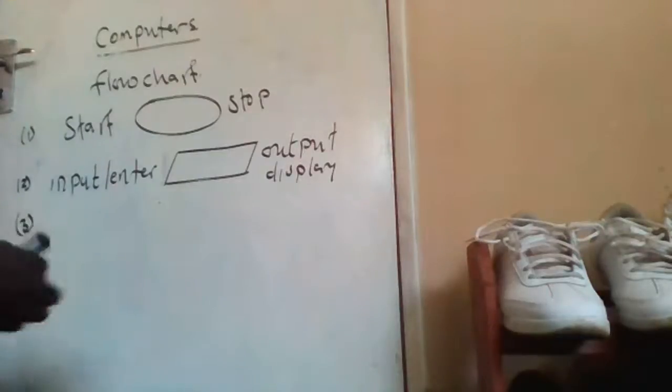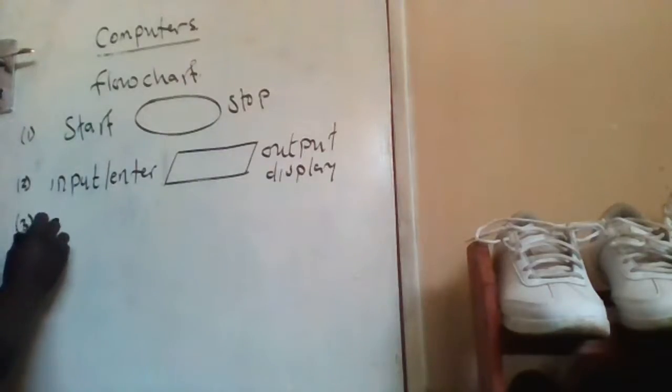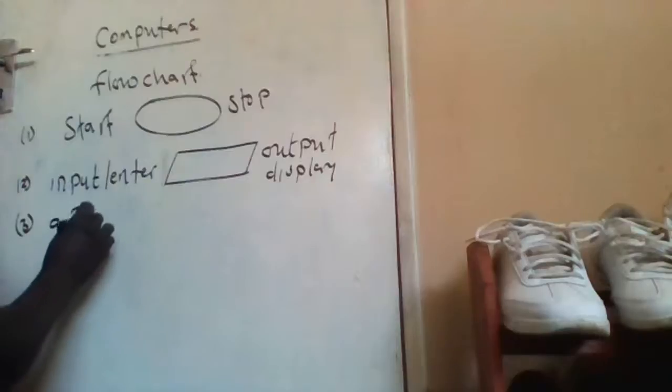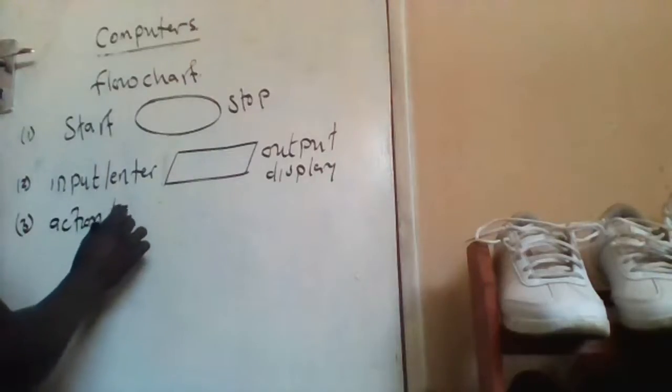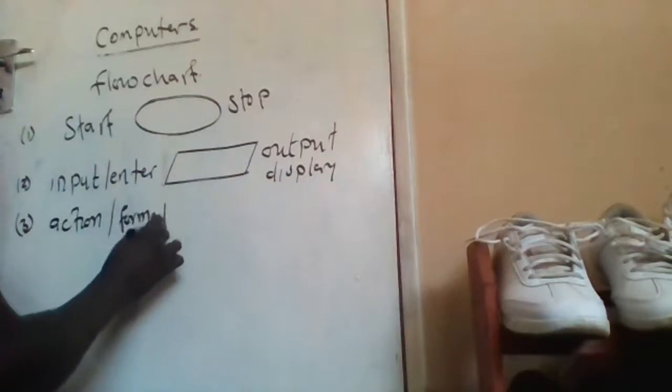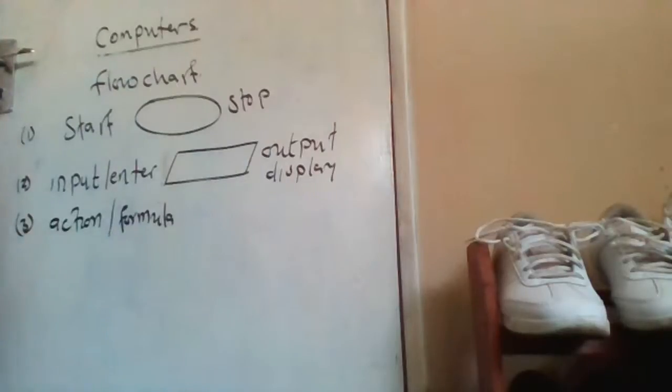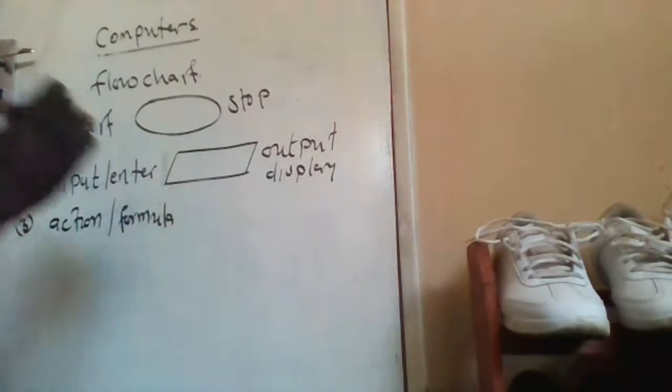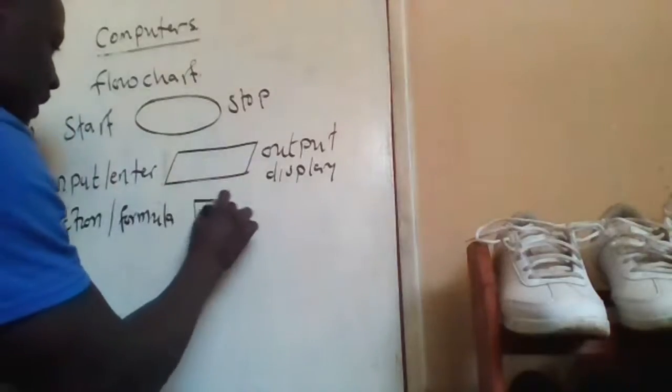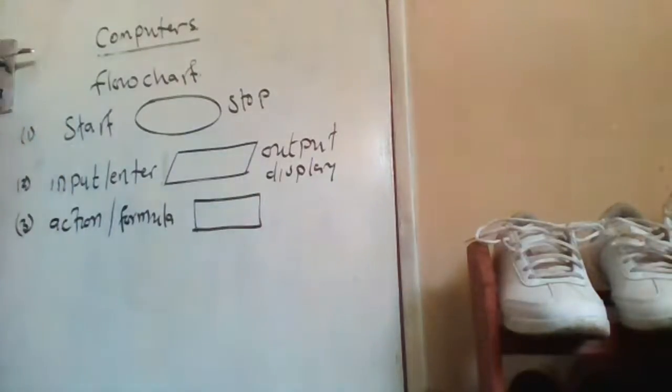So when you're carrying out an action, I'm going to emphasize this: we use the formula in pseudocodes. When you just find the formula, just know that we're talking about an action. And that is just that.